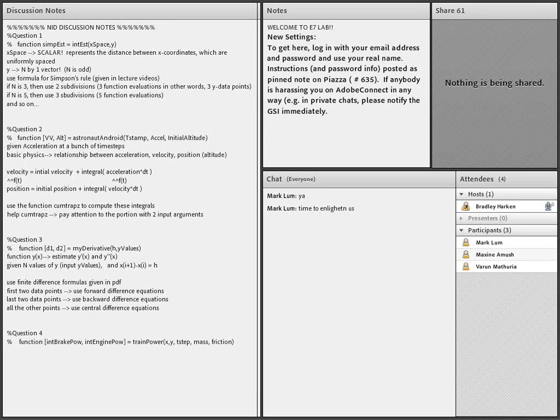Train power is the first function we're going to write. In this function, we are given x and y coordinates at various discrete time steps.